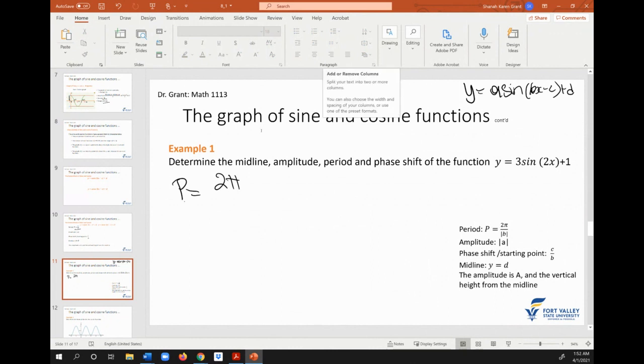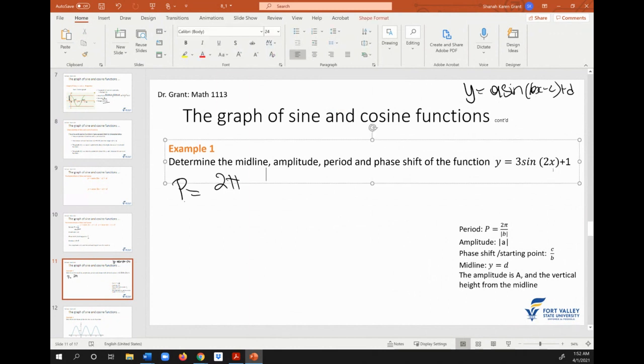So what is b in this case? b is the coefficient for your x term. In this case, it's going to be 2. So the period of this graph is going to be 2 pi divided by 2, which is pi. What that means is, because x is being multiplied by 2, the shape of the sine graph needs to fit between 0 and pi.